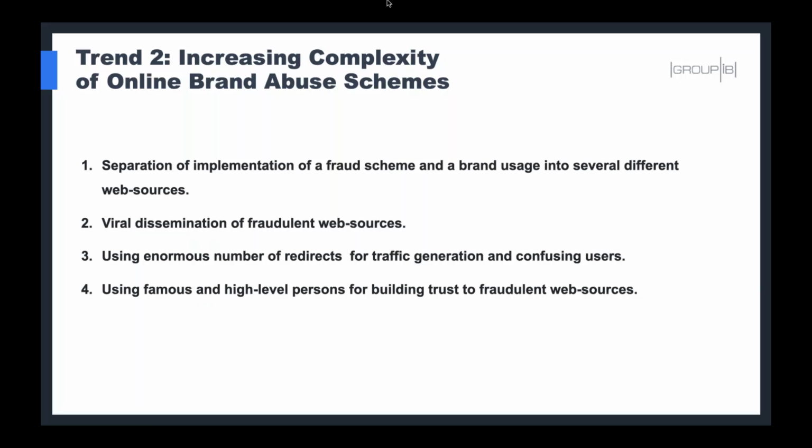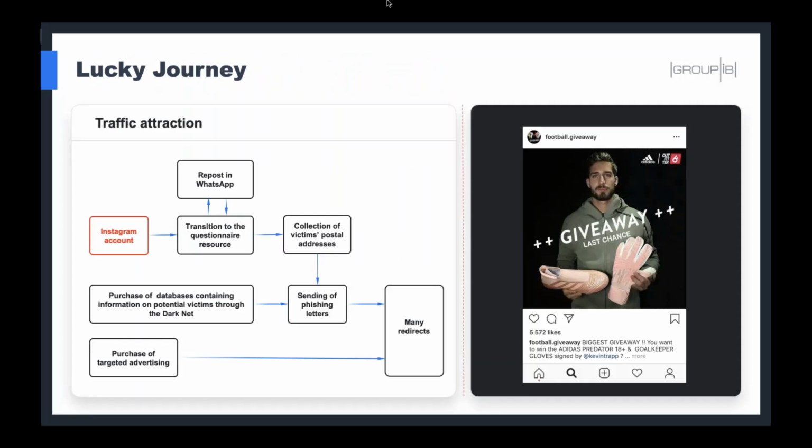If before all scam was made on just one portal, now they are trying to separate the scheme into different branches, different portals, different websites, mobile applications, social network groups, etc. It is growing very rapidly, and you need to make more deeds to detect the whole scheme.